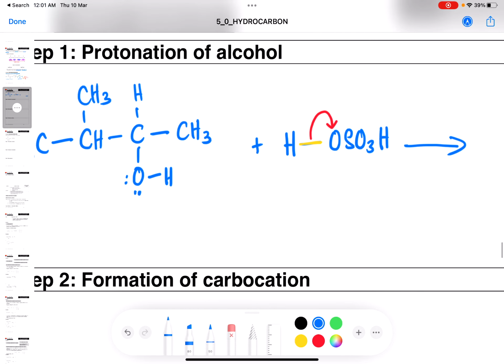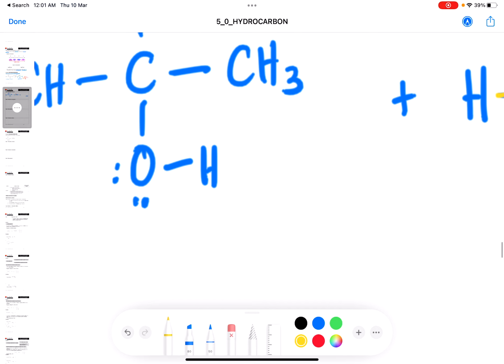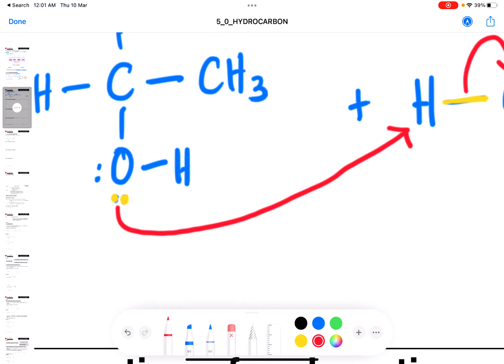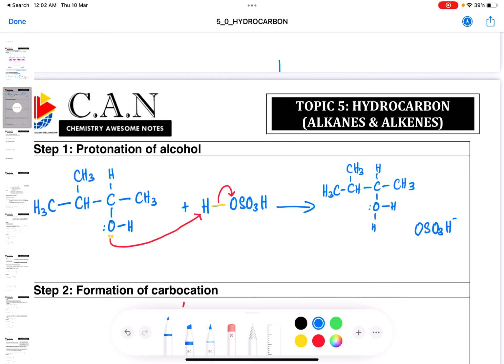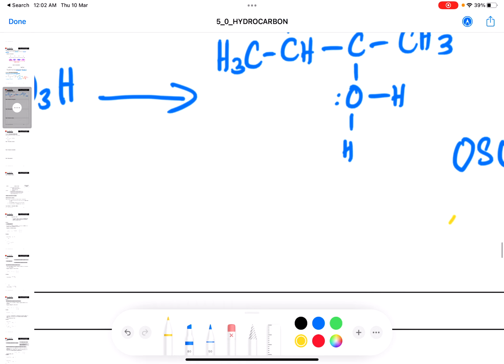Since hydrogen ion is not a stable ion, it usually will attach to anything, and in this case, the lone pair will be donated to H plus to produce this. This is the lone pair from just now.